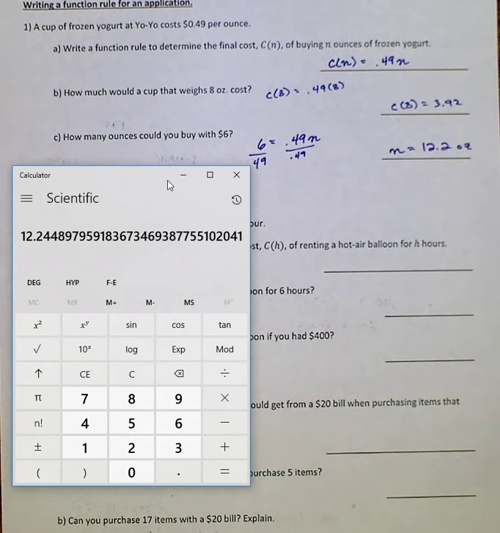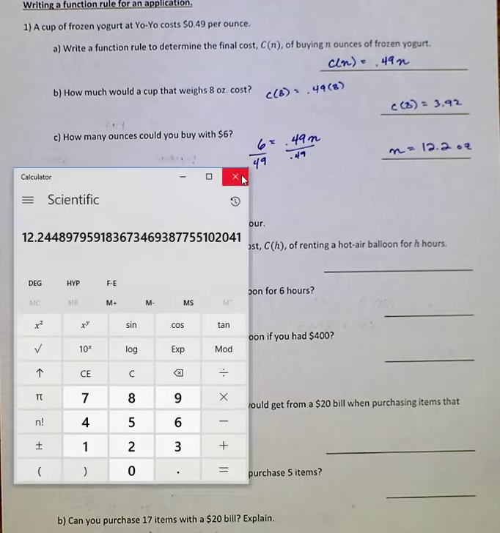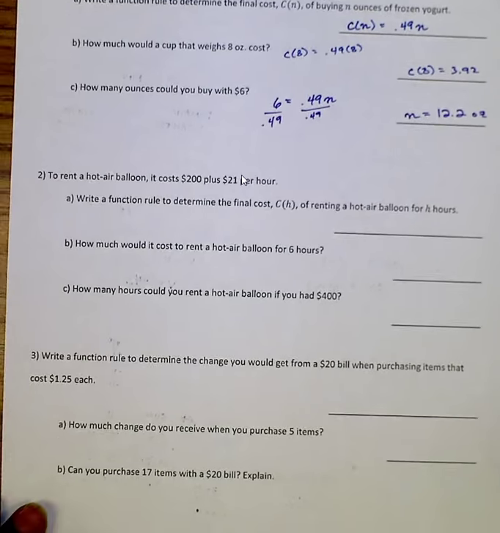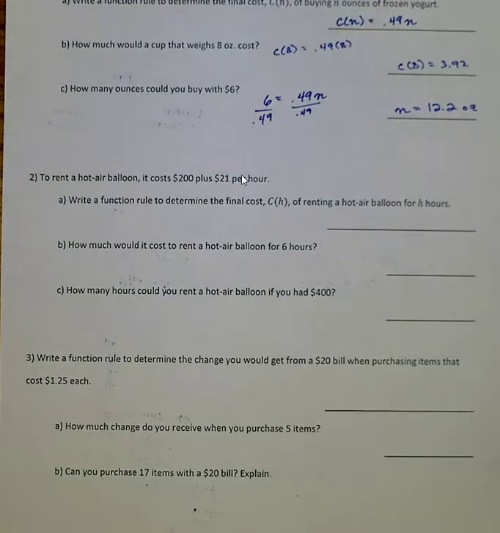All right, so with that, we are going to set up these next two, and then you'll bring the answers to the following questions with you. So number 2 says, to rent a hot air balloon, it costs $200 plus $21 per hour. Write a function rule to determine the final cost of renting a hot air balloon.